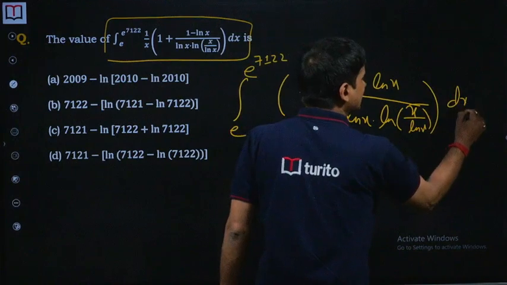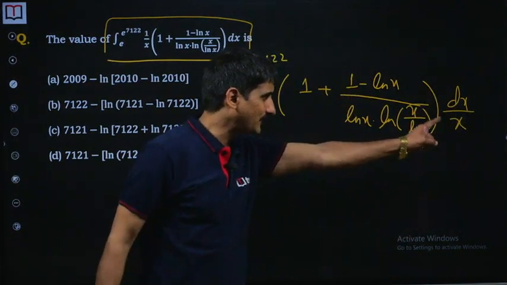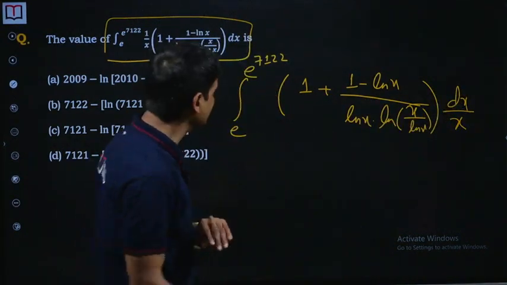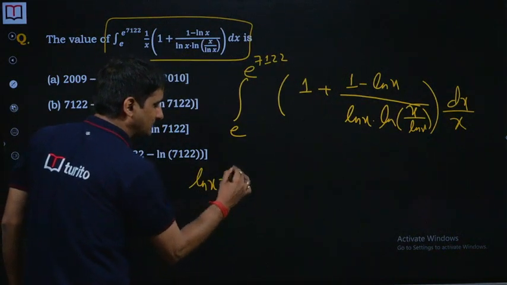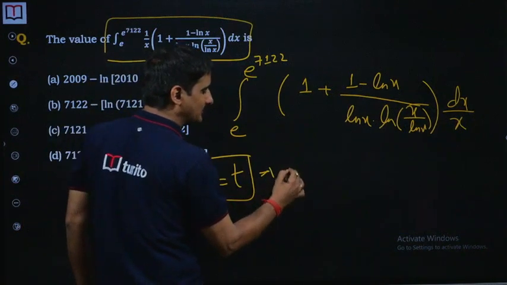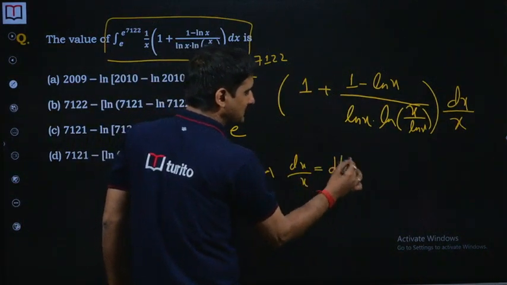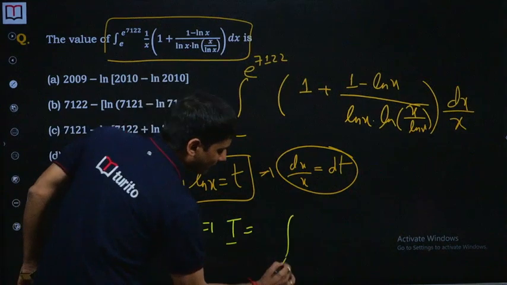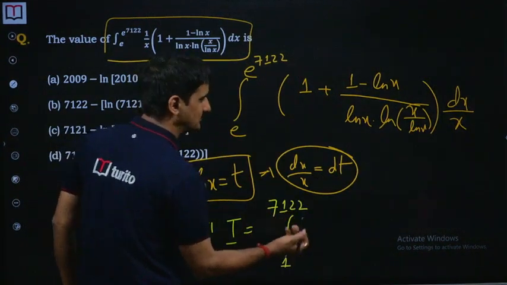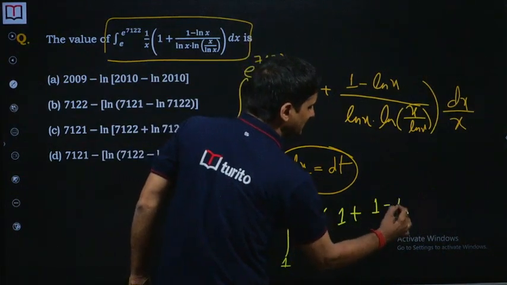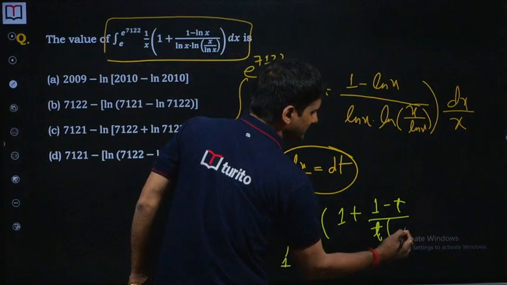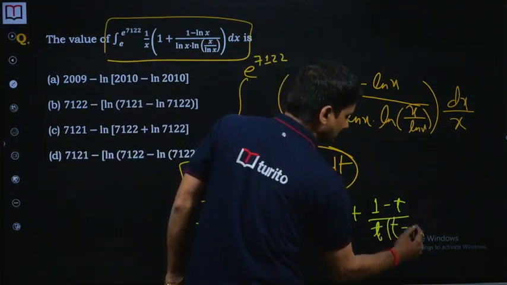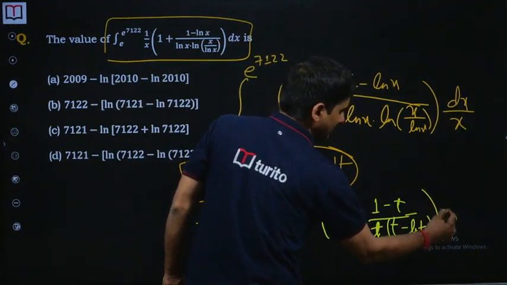There again I said the biggest hint was the presence of x along with dx in the denominator. Here in this question also, the biggest hint, without thinking anything else, is that you have to replace ln x by t. Why? Because you get it as a ready-made thing, dx by x to be replaced by dt here. So your integral is from 1 to 7122, isn't it? So it's nothing but (1 plus 1 minus t) upon t, with ln x minus ln of ln x becoming t minus ln t, and that's it.